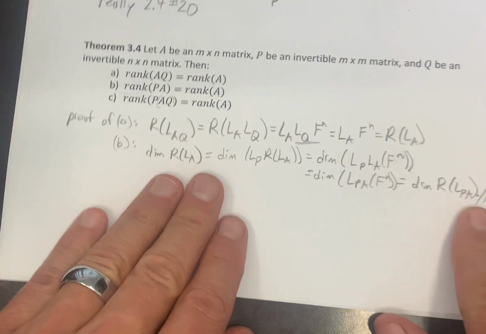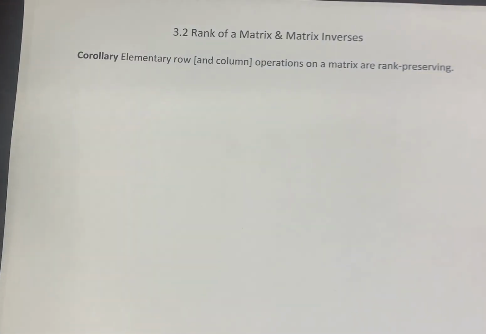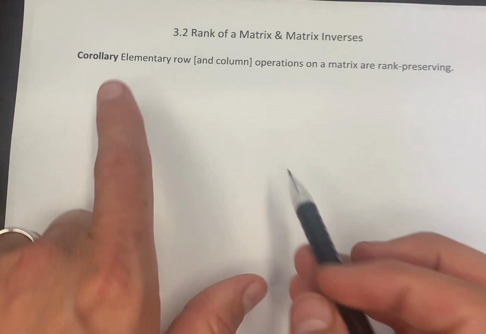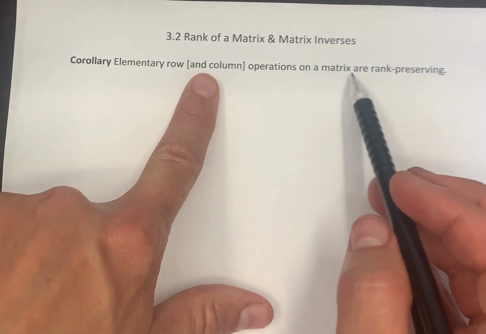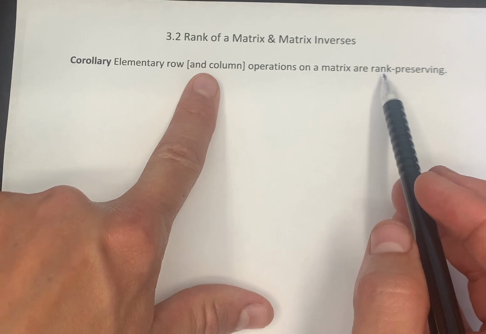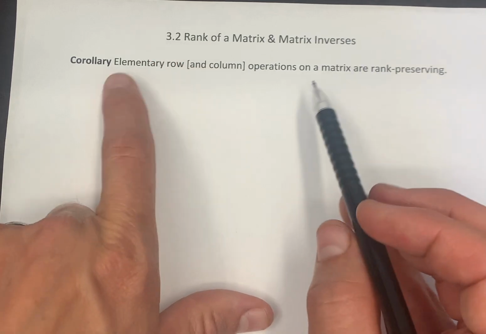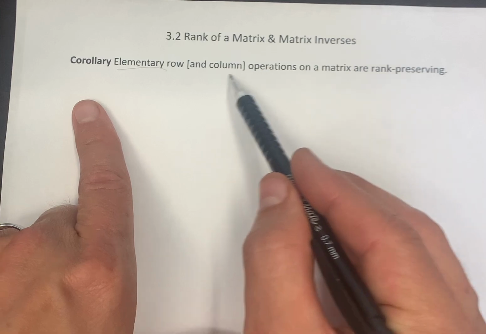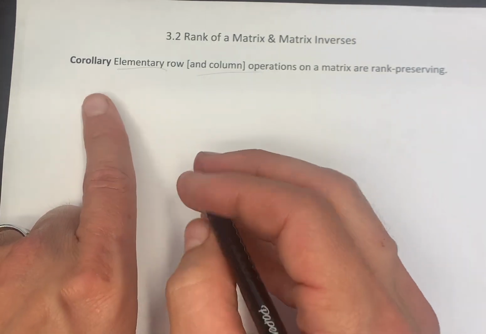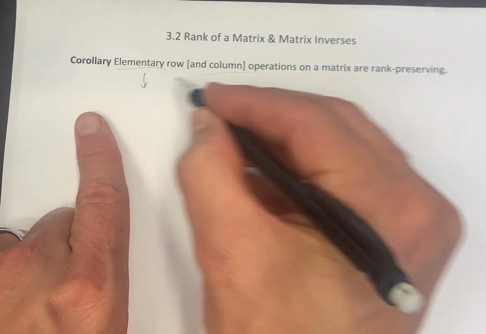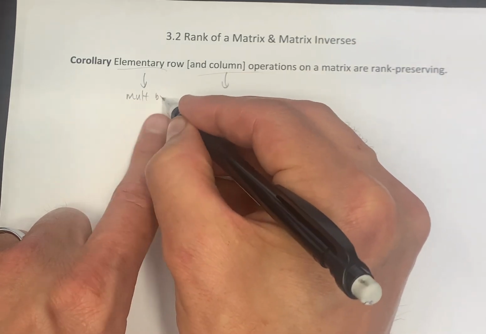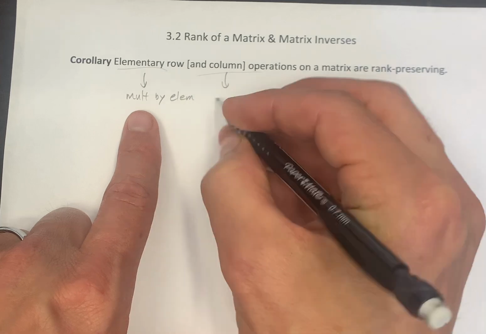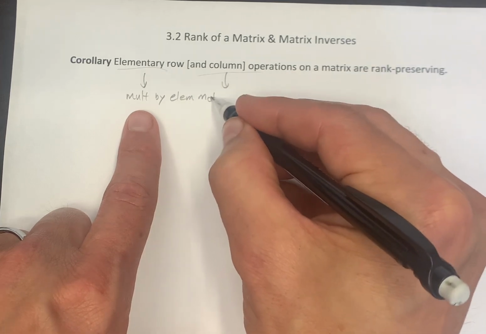Okay, so there is one corollary that is worth mentioning before we wrap this up, and the corollary goes exactly like this. Elementary row and column operations on a matrix are rank preserving. And why is it a corollary? Because elementary row and column operations correspond to multiplication by elementary matrices, right?